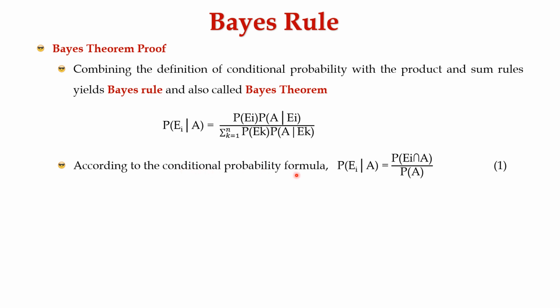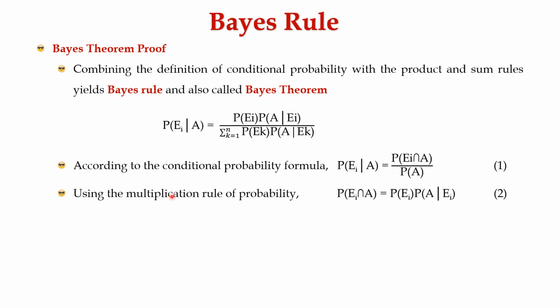According to the conditional probability formula, probability of Ei given A is equal to probability of Ei intersection A divided by probability of A. Let's consider this equation as equation 1. Using the multiplication rule of probability, probability of Ei intersection A is equal to probability of Ei into probability of A given Ei.